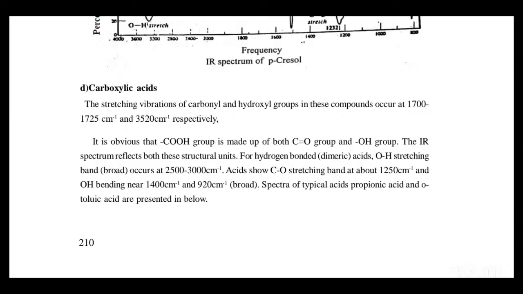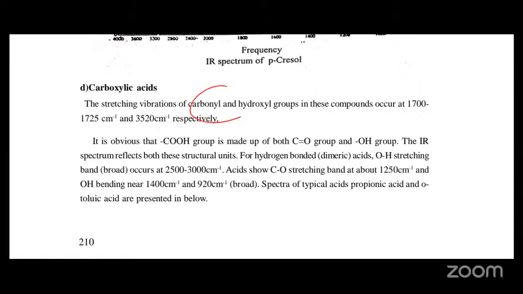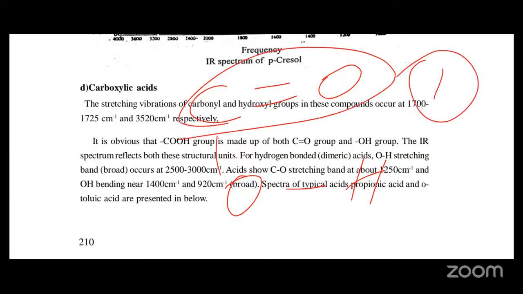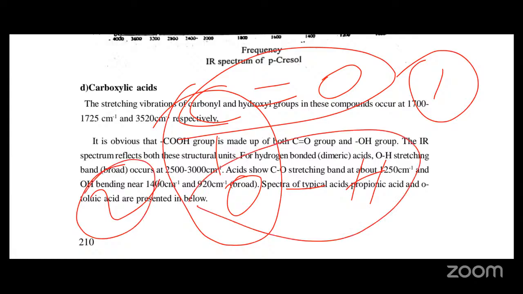So here the acid's CO stretching frequency. We have the carboxylic acid with C double bond O and C-O here, right? So this is one band, this is another band, and this is another. There are three characteristic peaks observed in carboxylic acids.